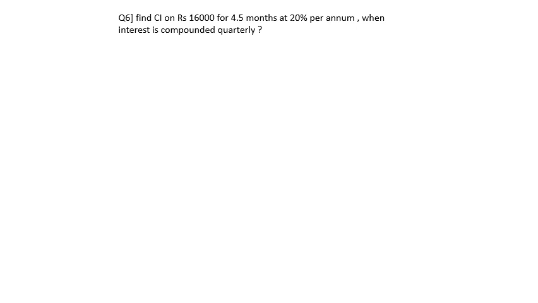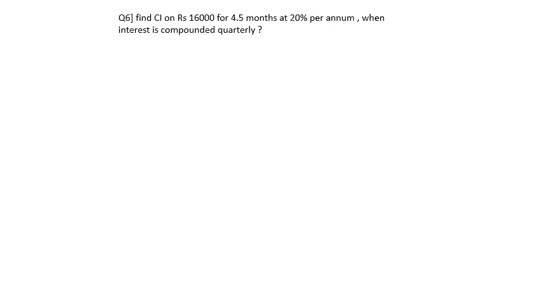Now question number 6 says: find CI on 16,000 for 4.5 months at 20% per annum when interest is compounded quarterly. Guys, how many quarters do we have in 1 year?